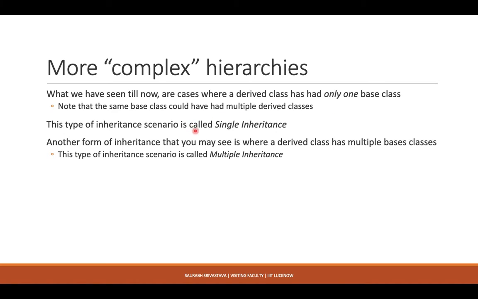This kind of inheritance is known as single inheritance, where a particular class only has at max one base class from which it is inheriting. Now another type of inheritance that you may see in some places is known as multiple inheritance. In multiple inheritance, a particular derived class can have more than one base class as well, right?